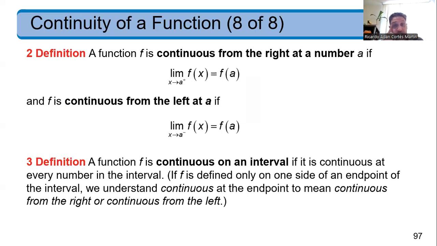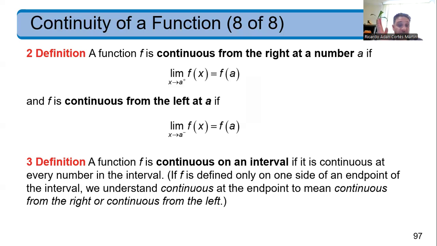What is going to be the way that we know if it is continuous from the left or the right? Remember, we asked if the limit exists and if the function is defined. So maybe the general limit doesn't exist.